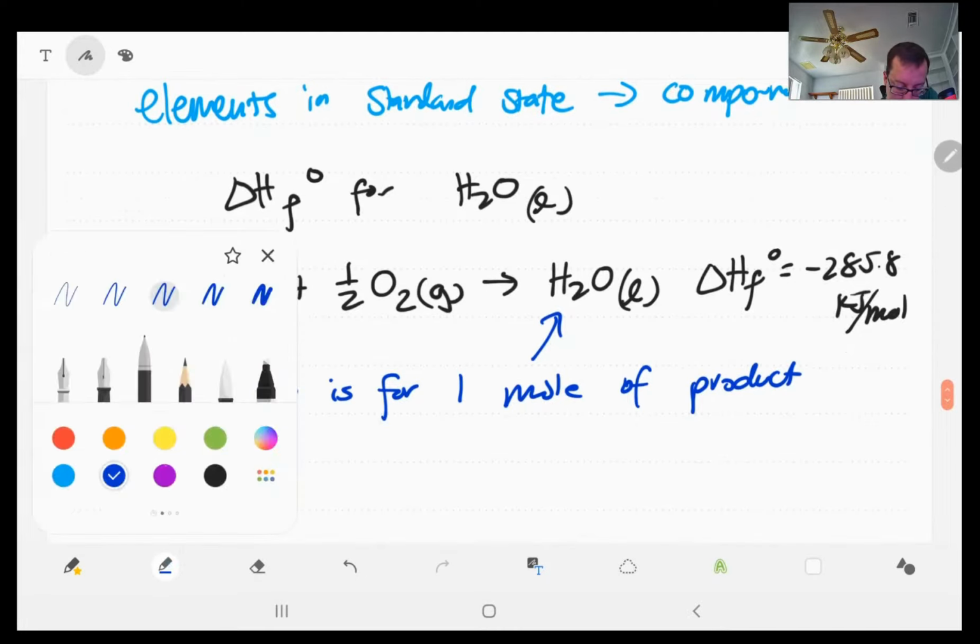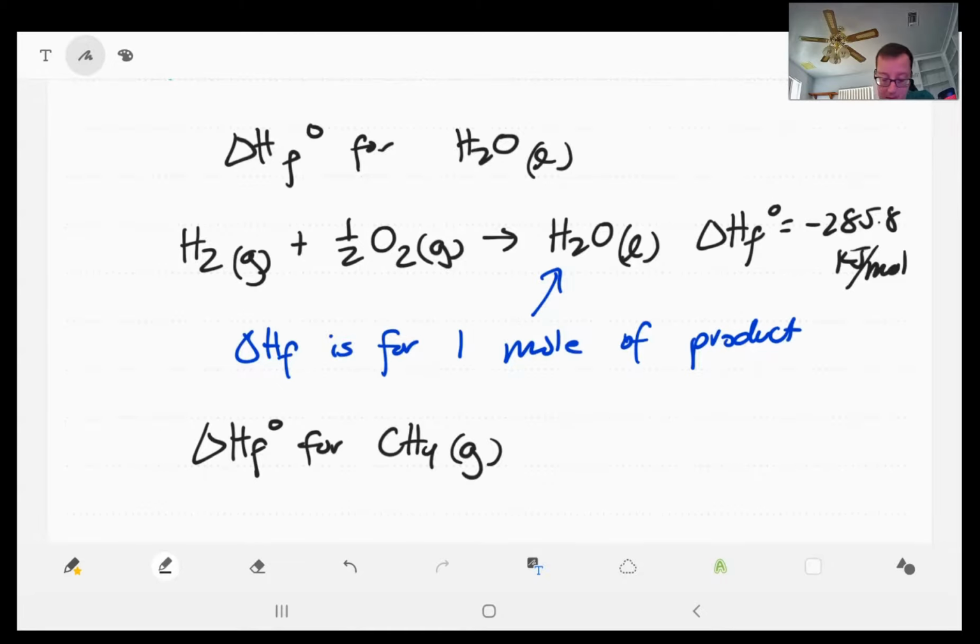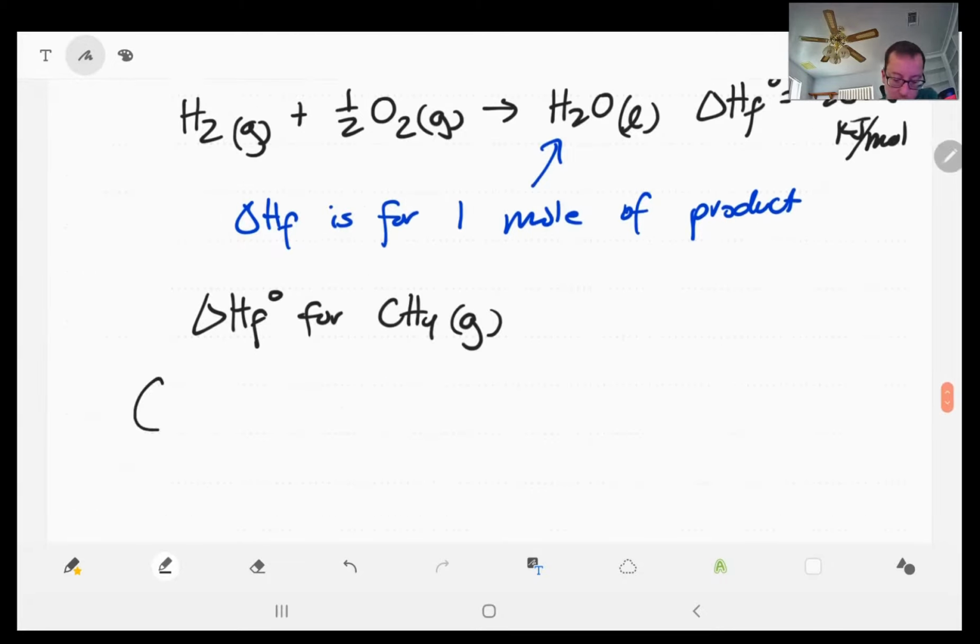Another thing we can look at, let's say, how about delta HF for methane. The reaction for this, to form methane, you're looking at what elements make that up. For carbon, you're going to see that carbon's standard state is graphite.